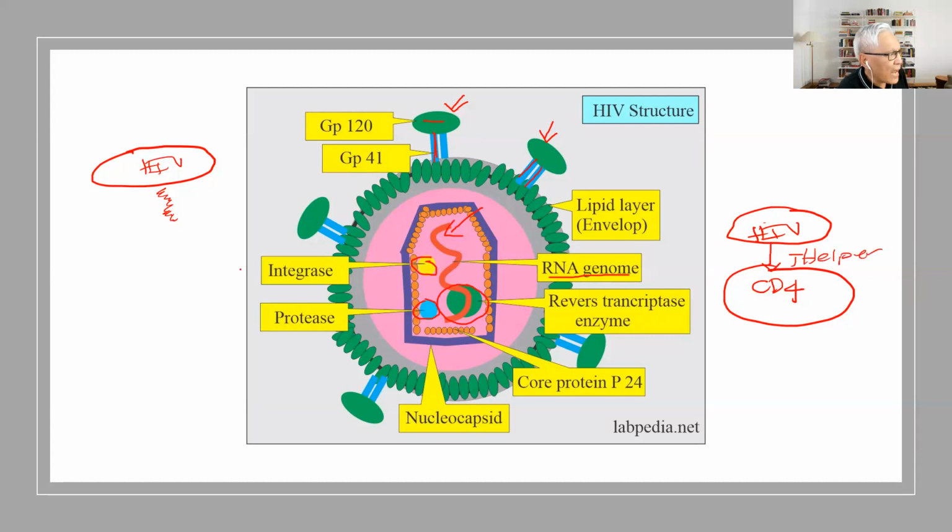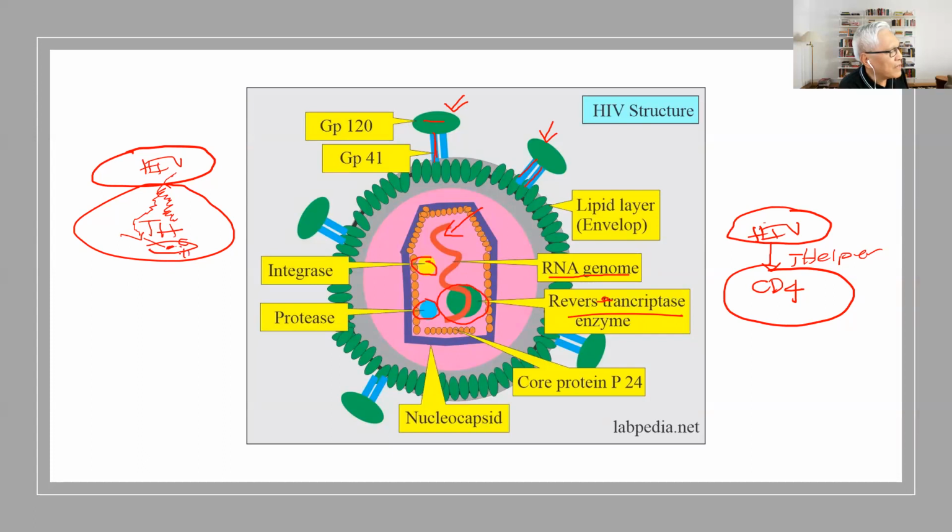And once it attaches itself, what's going to happen is it's going to integrate itself into the T cell. Okay? So now this HIV is going to have these enzymes, and you see this reverse transcriptase. This reverse transcriptase is now going to go into the nucleus of the Th cell and start manufacturing HIV.